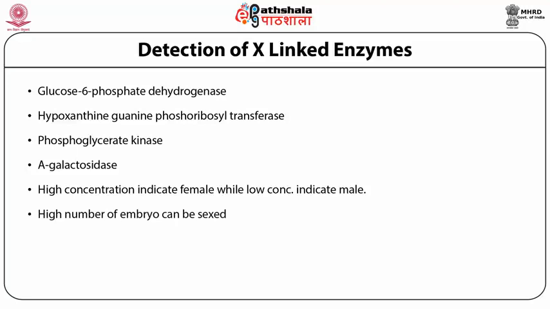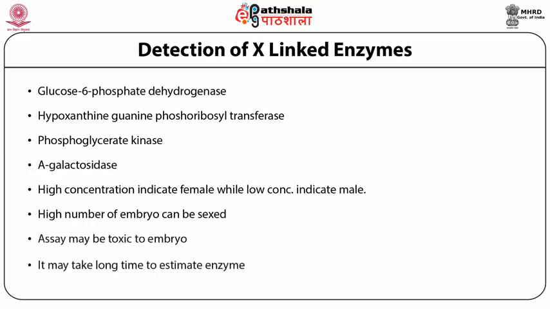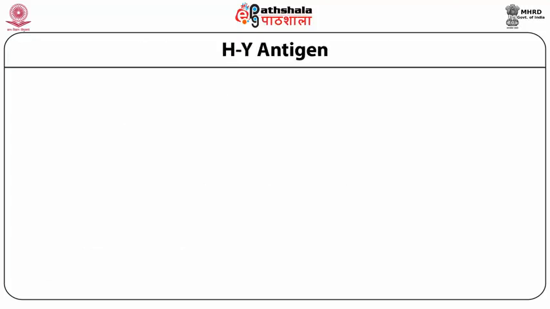So high concentration indicates female, whereas low concentration will indicate male. Advantage of this technique is that a high number of embryos can be sexed in shorter time. But the disadvantage is it may take a long time to estimate the enzyme, and for that time we have to keep the embryo outside the body. So it may cause damage or toxicity to the embryo.